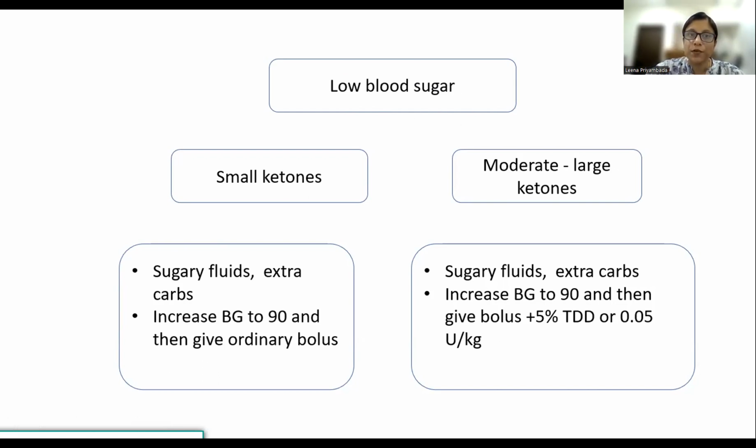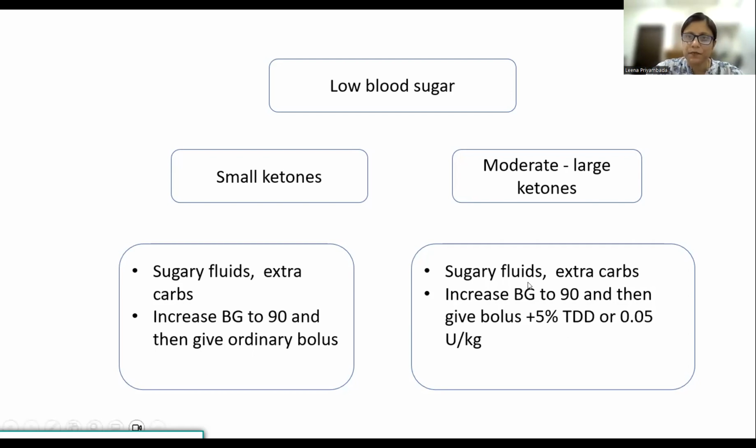If ketones are small, trace or nil, then we know the insulin level is not too bad in the body. We just need to avoid hypoglycemia. So give sugary fluids, give extra carbs, increase blood glucose to 90, and then give an ordinary bolus for the food that the child is going to eat.